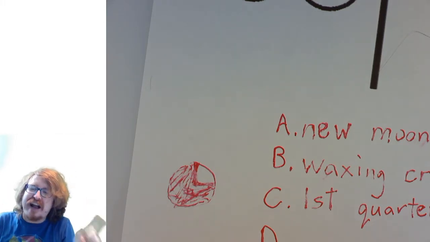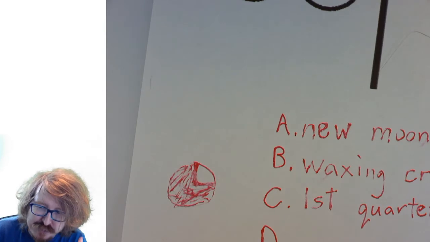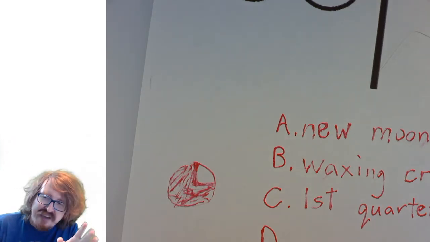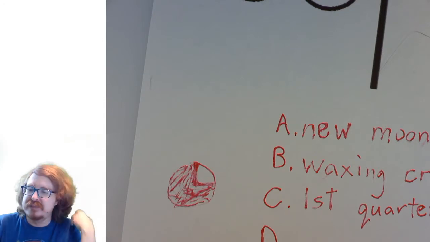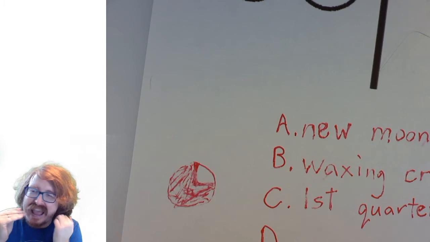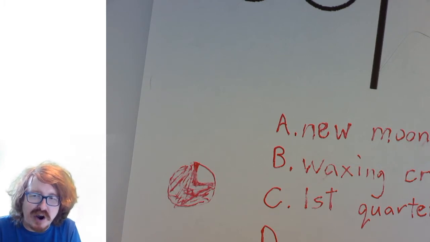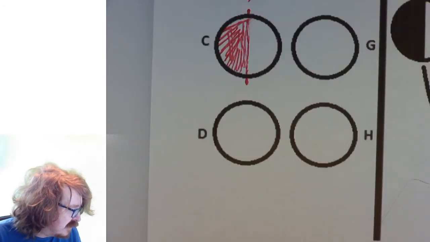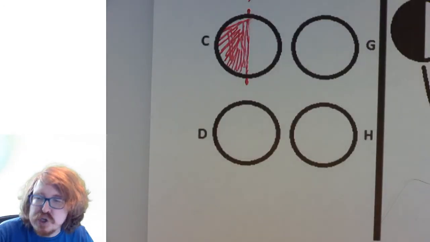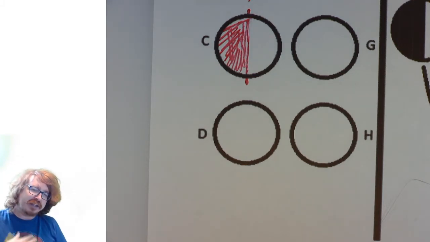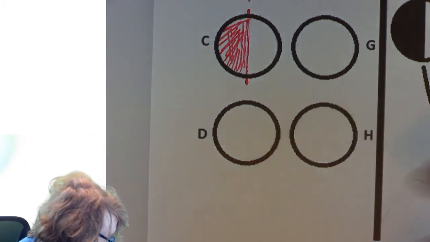Every time I get a triangle moon or a Pac-Man moon, I laugh at it. Please no. Every single moon you draw, make sure that you've seen that moon before, okay? Please. All right. Here we go.